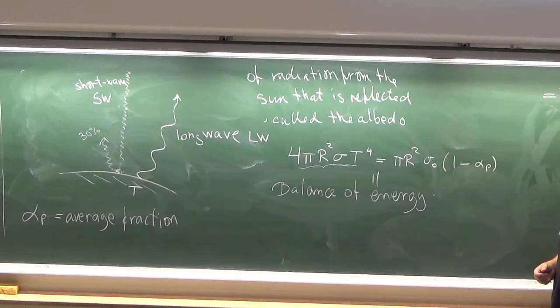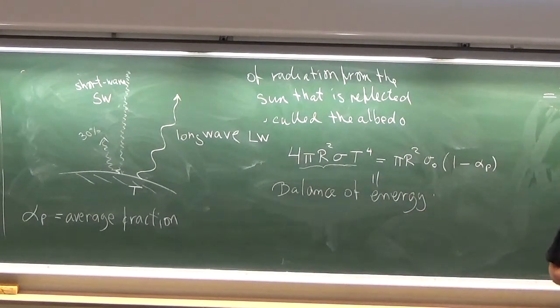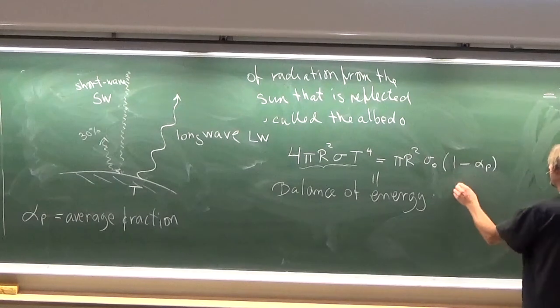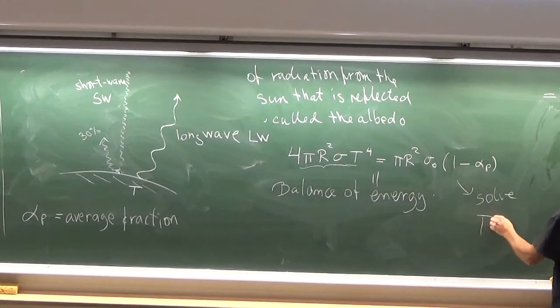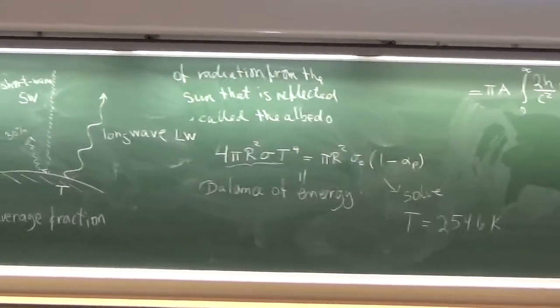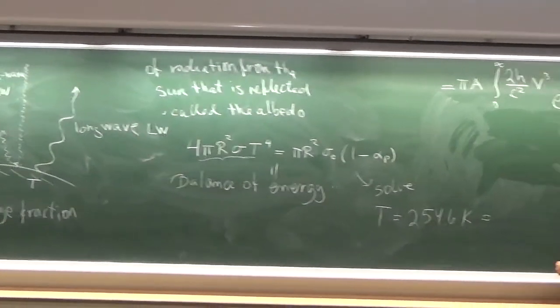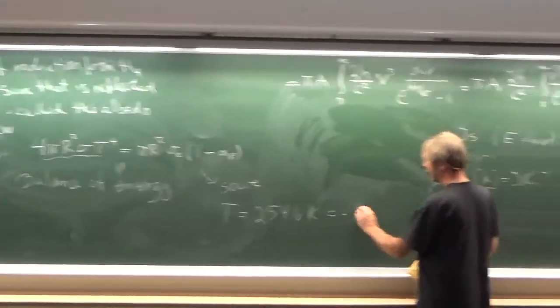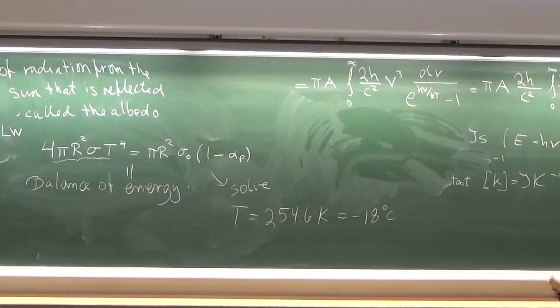So we can now solve for T squared, or for T. If we solve this equation, it's quite trivial, we get T equals 254.6 Kelvin, was it? This is about minus 18 degrees Celsius or something like that.